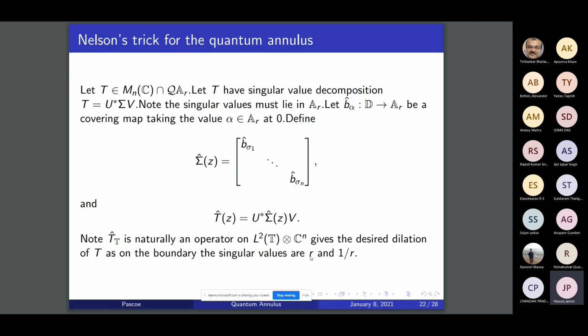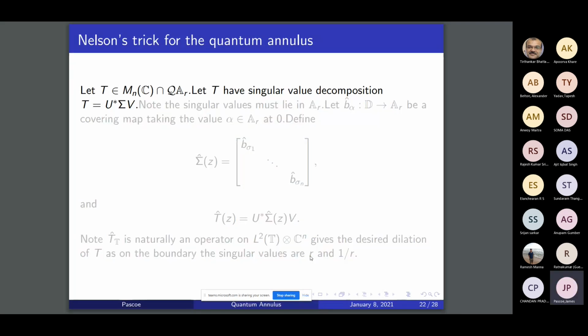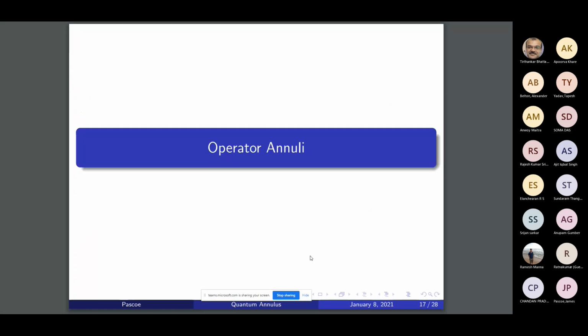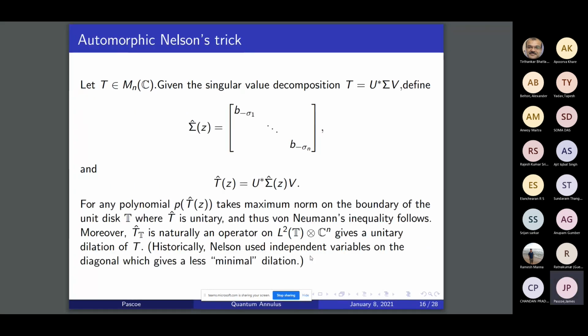So this argument, if we go back to look at Nelson's trick, is essentially the same thing. Basically we have some nice complex analytic maps here, and then we get out some sort of dilation theorem.